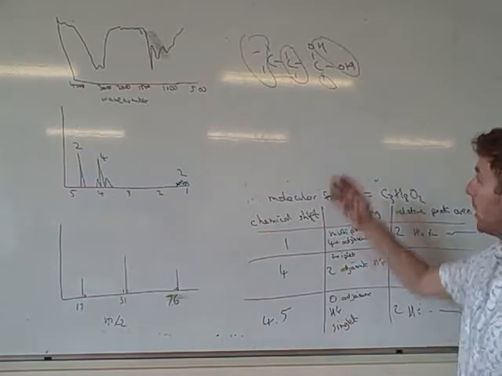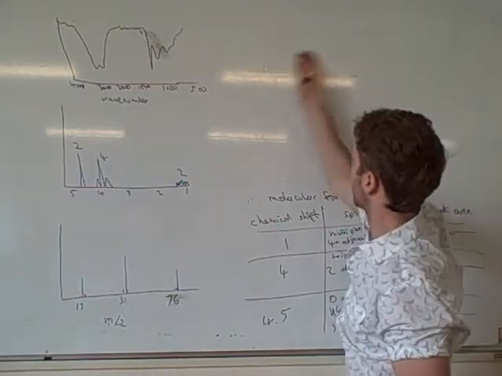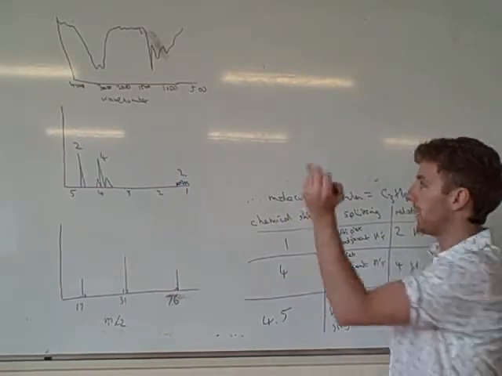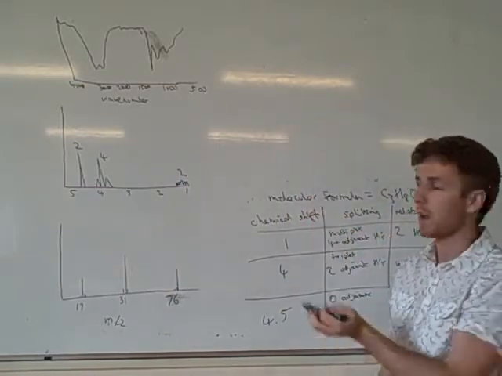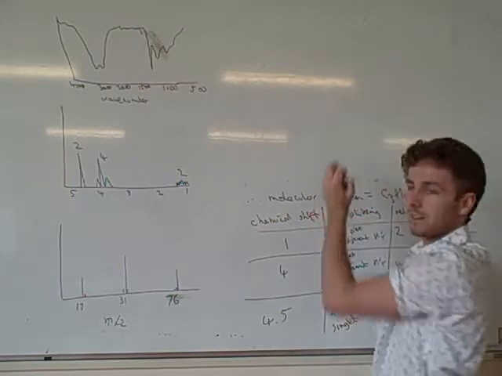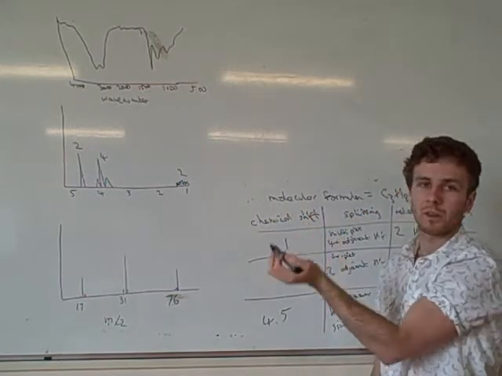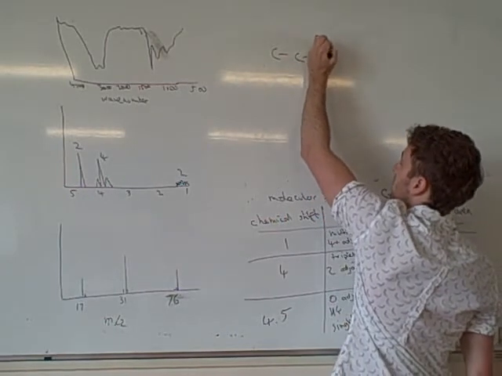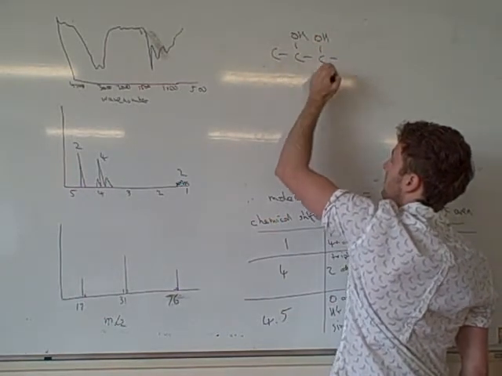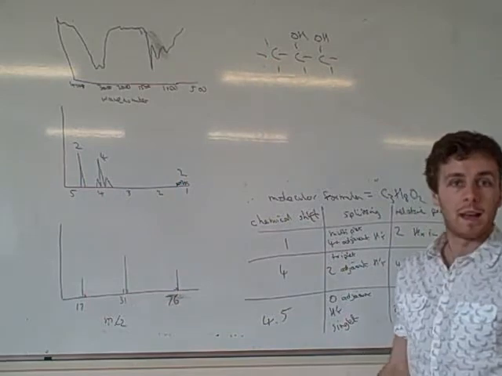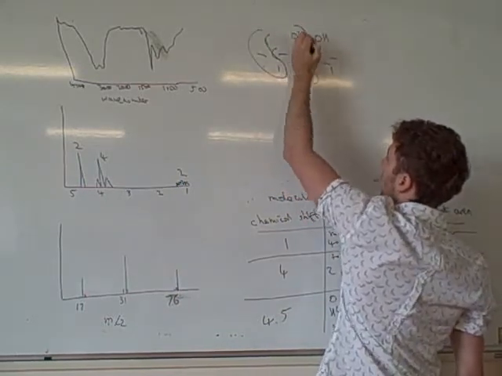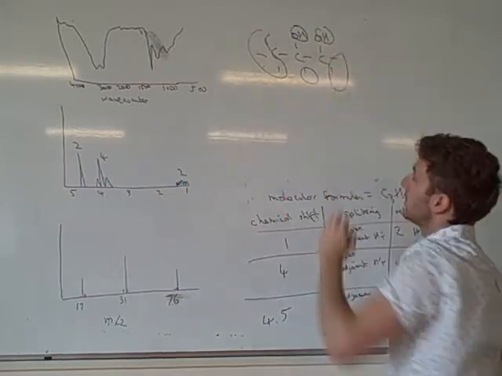So, trial and error, let's try shifting it around a little bit. You see this process: I take a stab, it's an educated stab, but I still take a stab, and then I just try and see if it fits the data. If it does, perfect. If it doesn't, try again. So let's try this one. Okay, how many environments do we have now? We've got 1 here, 1 here, 1 there, 1 there, and 1 there.